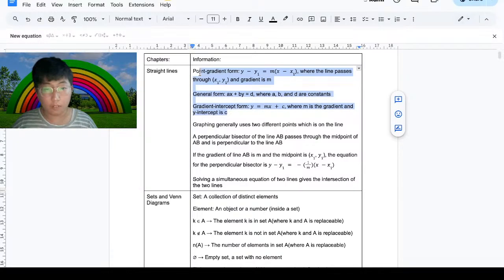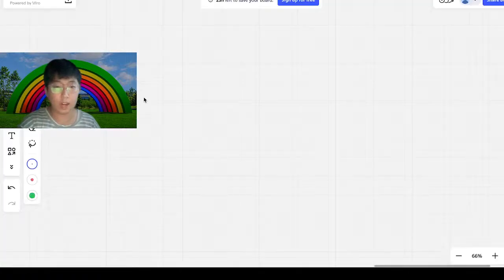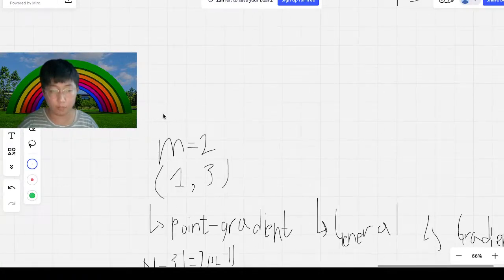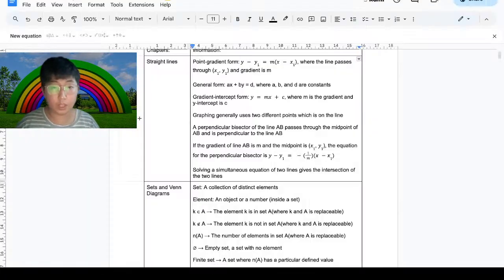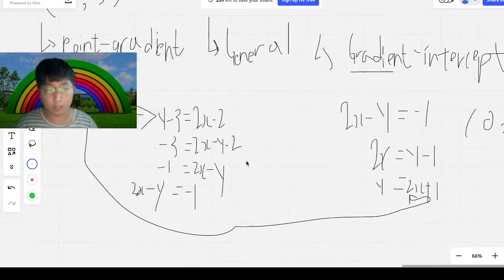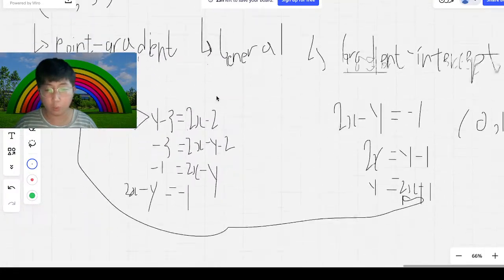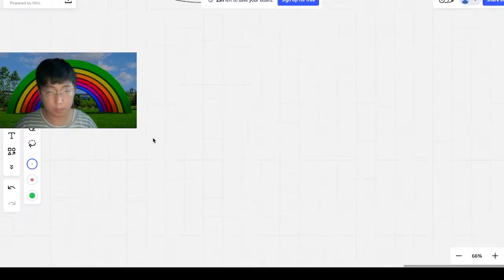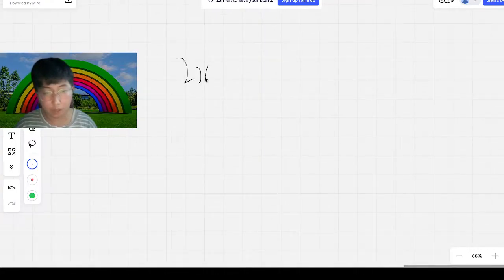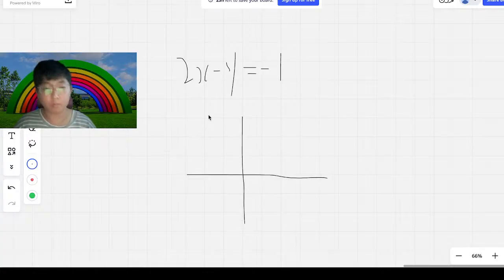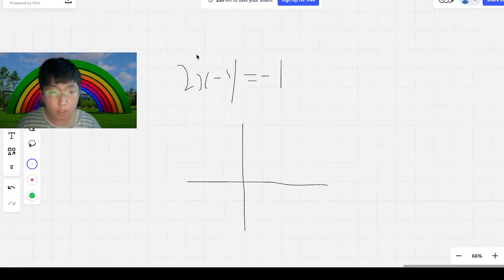So we applied all of this. Let's say we were to graph this information, and we were given a general form of 2x minus y is equal to -1, which is the line that we had in the start. Well, we want to find 2 points in order to graph it onto an xy coordinate plane, right?